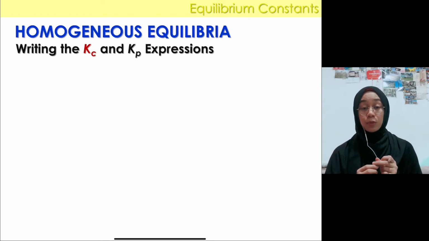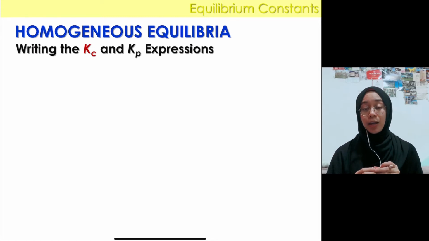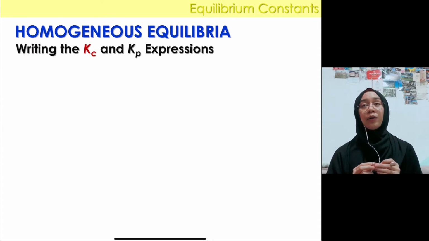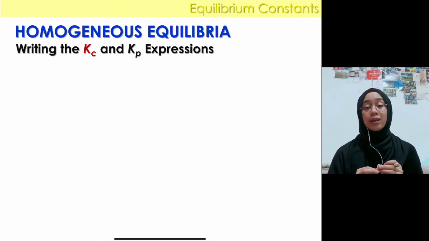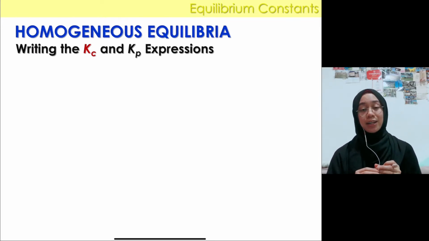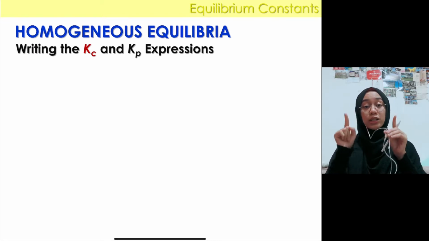So supposedly by now you should be able to know how to write K. Okay, so from what we have learned previously in subtopic 8.1, basically what you have written so far, that is basically Kc sebenarnya, because semuanya kamu buat dalam bentuk concentration kan, semua yang guna square bracket tu.